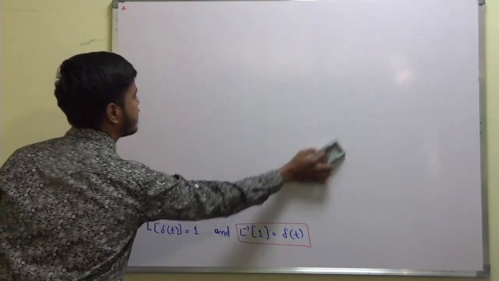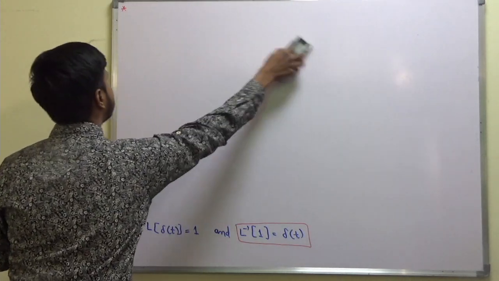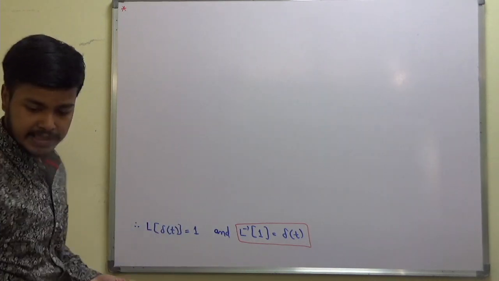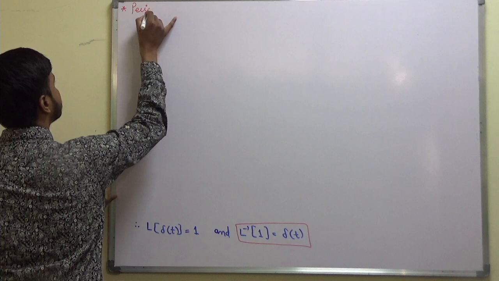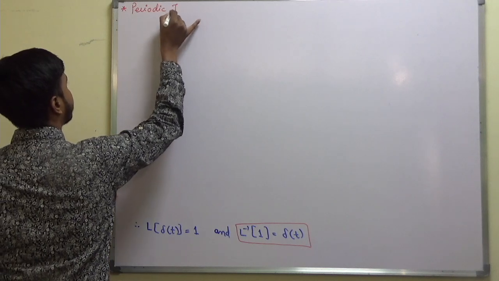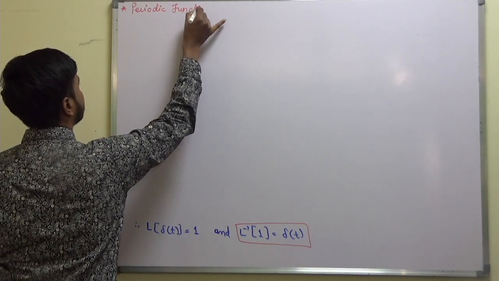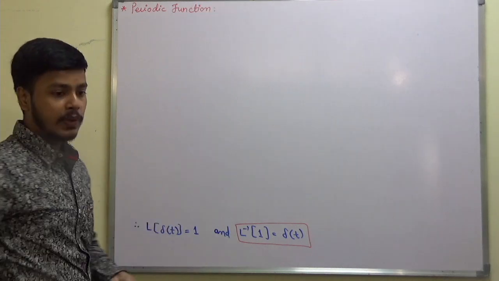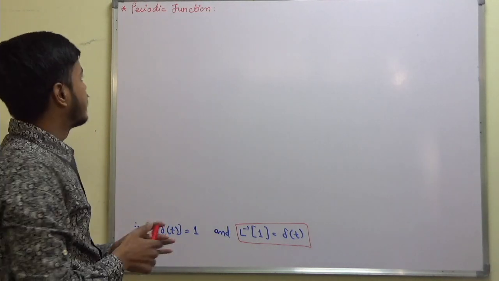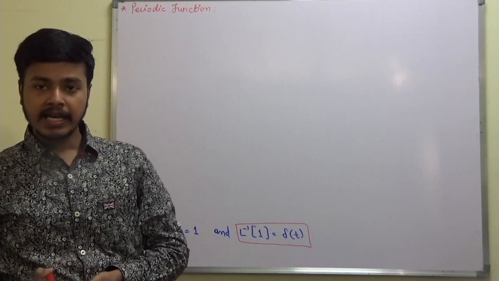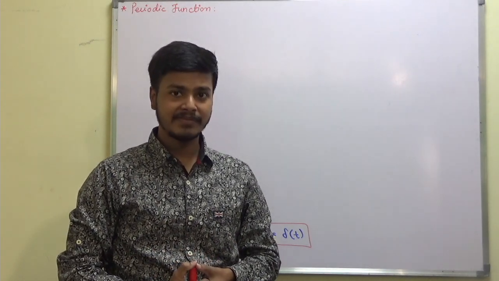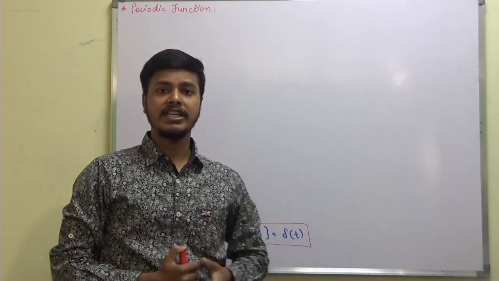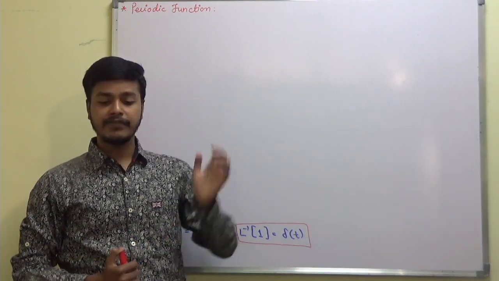You can define it in terms of physics also. So let me define this. Next is the periodic function. What is a periodic function? A function which repeats after an equal interval of time. That is the physical definition of a periodic function.